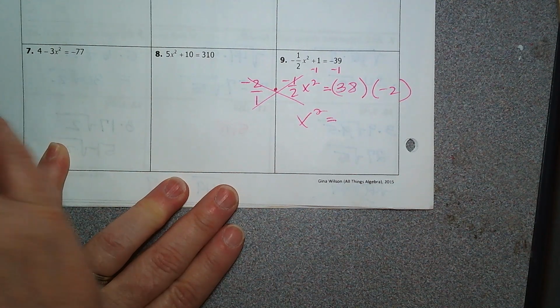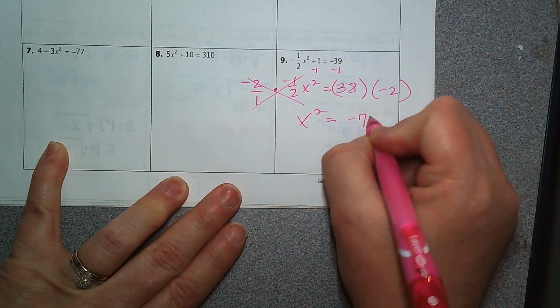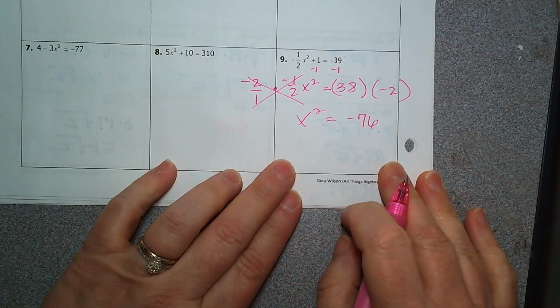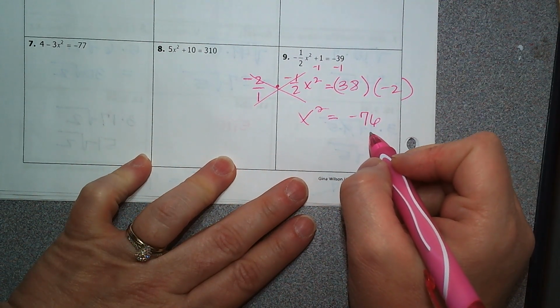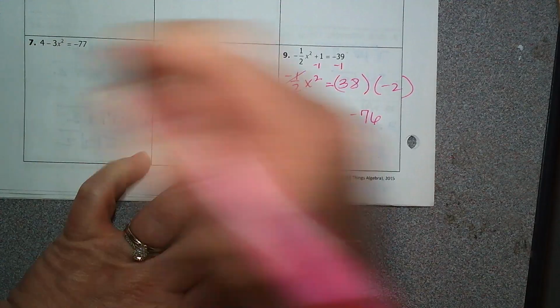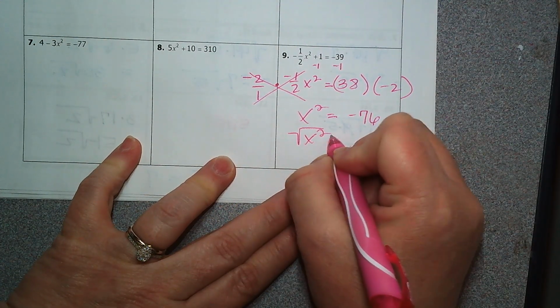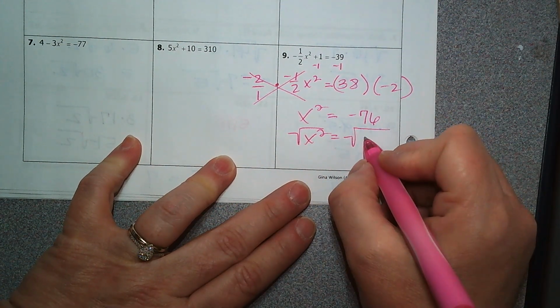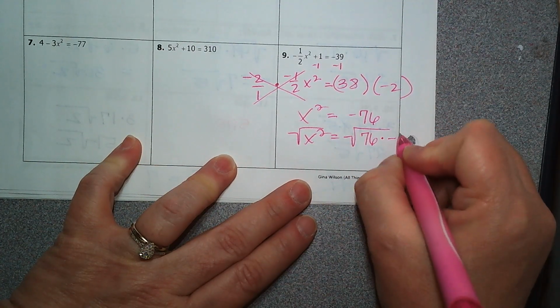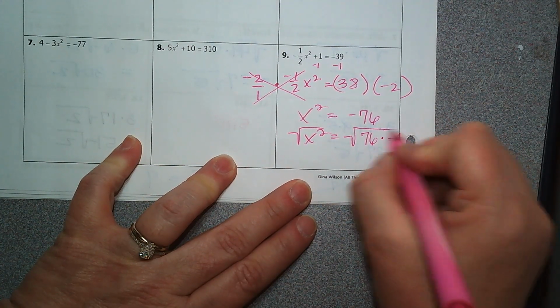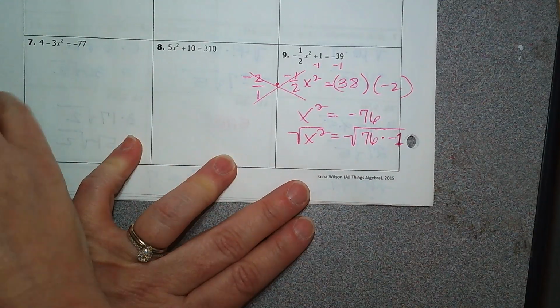38 times negative 2 is negative 76. Can I take the square root of negative 76? Yes, I can. Because the square root of negative 76 is the same thing as the square root of 76 times negative 1.